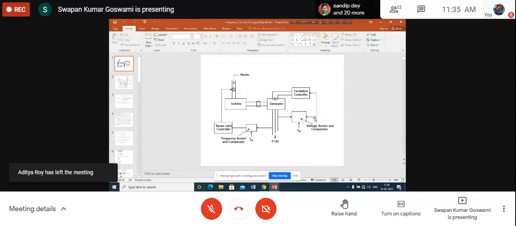Will frequency control be faster, or excitation control be faster? What is your impression? What is your idea about that? These are the two functions: frequency control in this part, and in this part voltage is controlled, excitation is controlled. Now, which control, voltage or frequency, is faster, and which is slower?